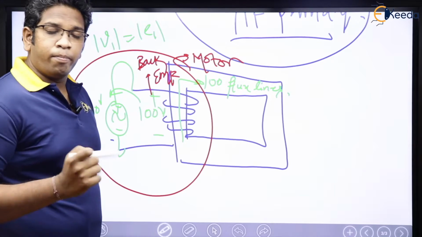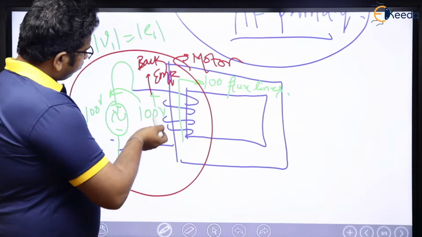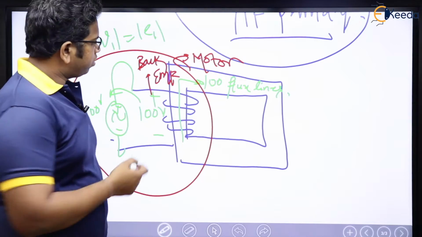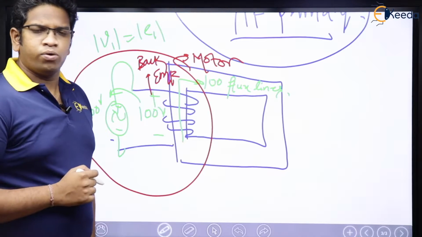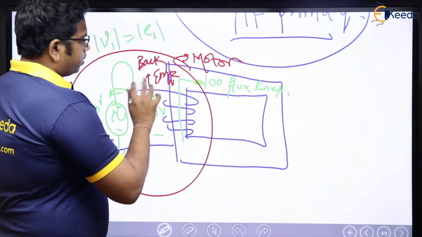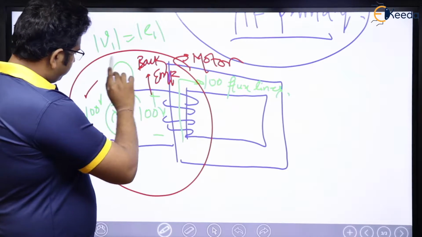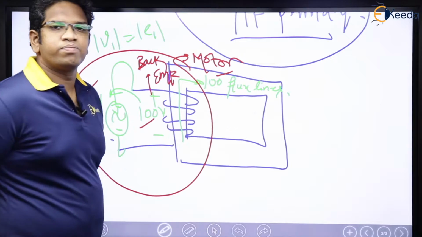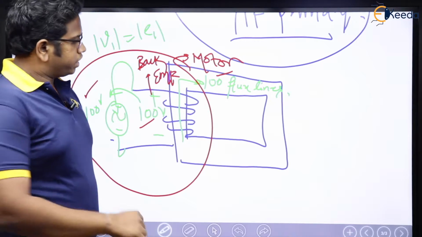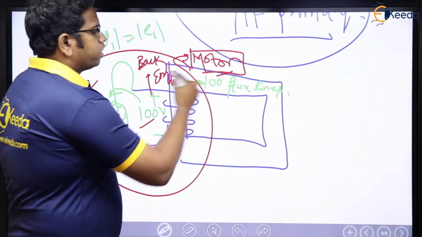This particular back EMF induced, will it be decreased? No. Why? Because whether it is motor or transformer primary, we know that it has to be 100 volts, 100 flux lines. So in case of motor also, the same thing has to be followed.